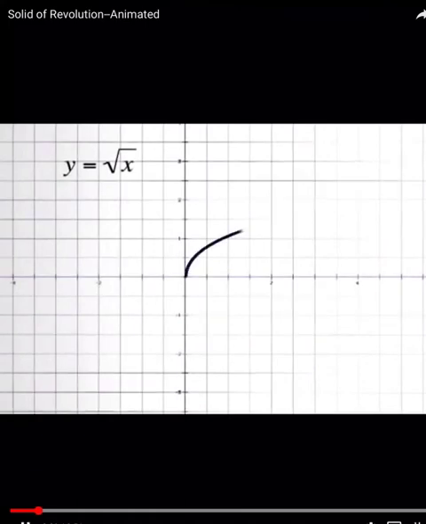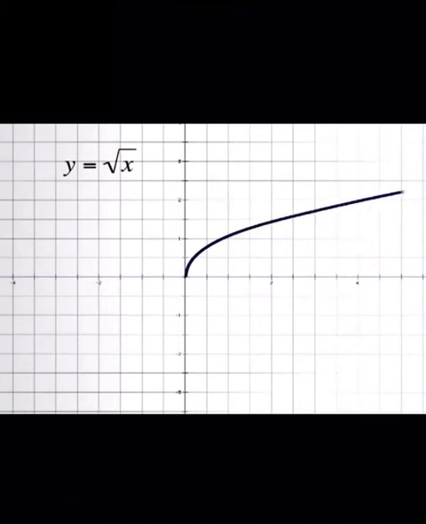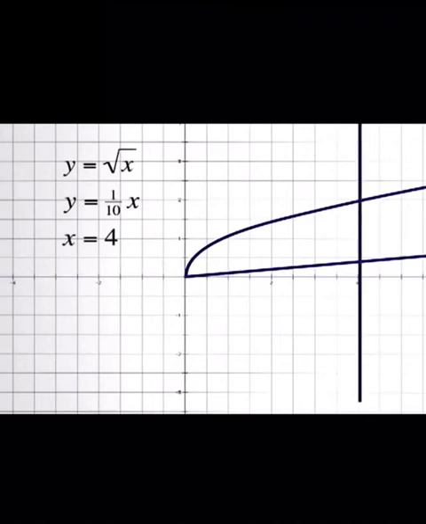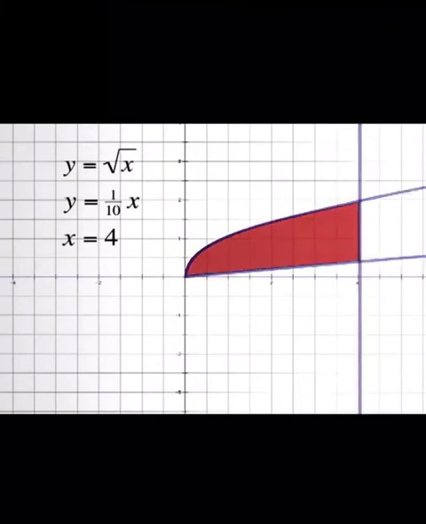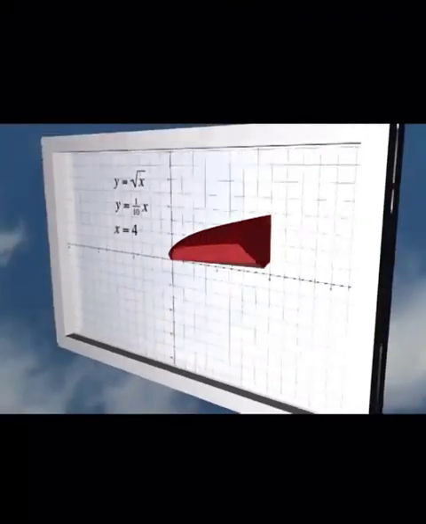You graph y equals the square root of x, that curve right there. And then we're looking at the curve y equals 1/10 x, which is a linear function that goes through the origin, goes off to the right, and then x equals 4, which is a vertical line right there. And so we're going to take that region that they just shaded, and then rotate it around the x-axis.